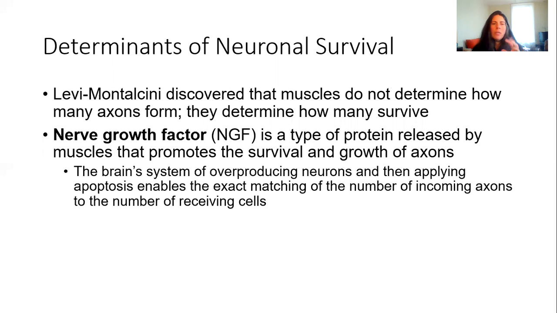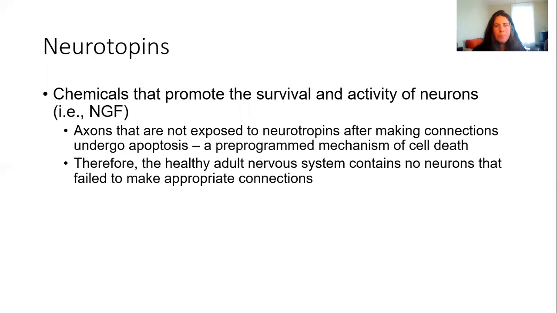This protein is going to promote the survival and growth of axons. If a cell is not receiving nerve growth factor, the cell is going to move into its program of cell death, which again is apoptosis.